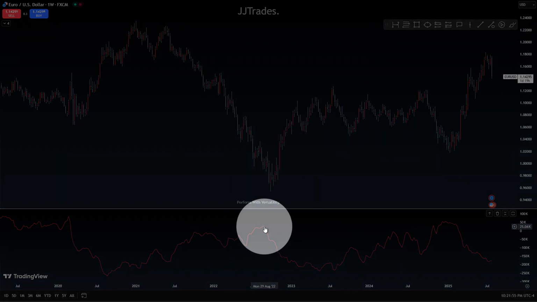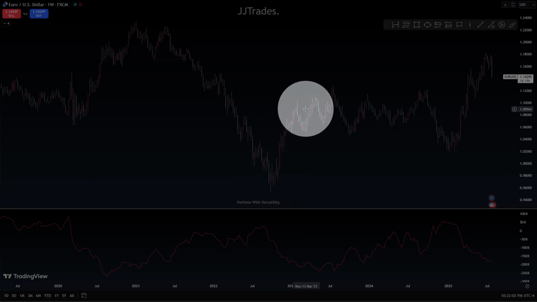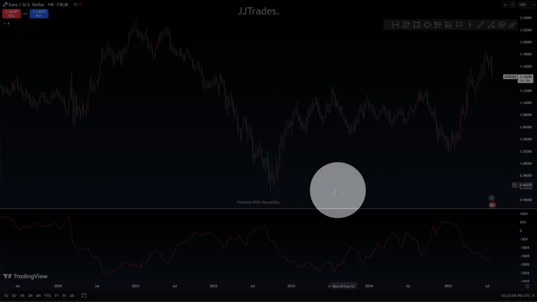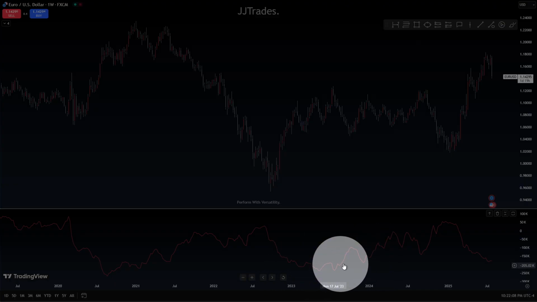They started selling. This is them selling right here. They started selling this buy-side delivery. Then as price consolidated right here, you can see they weren't really doing anything. They weren't selling nor buying overall.